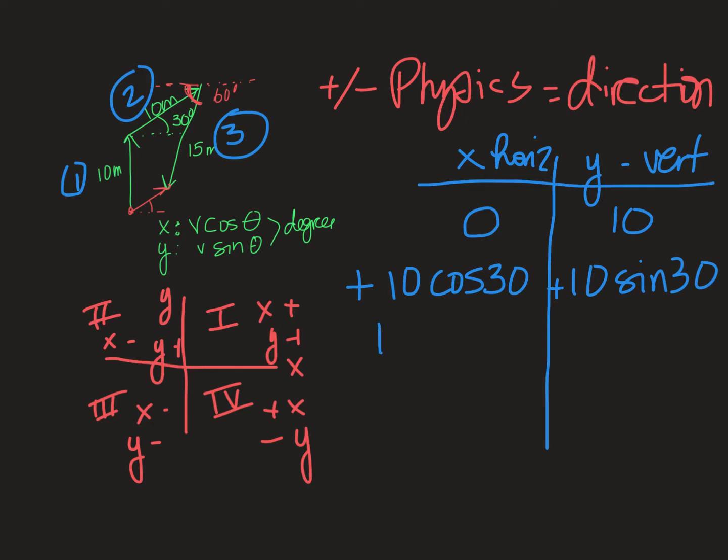So we're going to go 15 cos 60, 15 sine 60. Okay, and let's do our positives and negatives. So, is it going left or right? It's going to the left, isn't it? Is it going up or down? It is going down. So we're going to make that negative too.